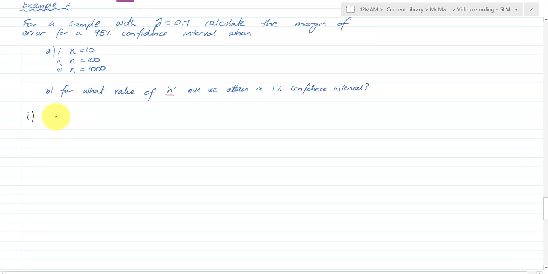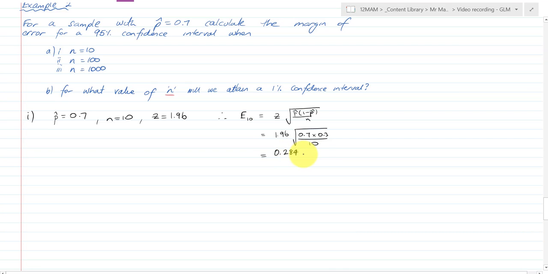So first, we've got p hat equal to 0.7 and n equal to 10, and our z, because it's a 95% confidence interval, is equal to 1.96, and so therefore the error, I'll call it E10 for n equals 10, is equal to z times the square root of p hat times 1 minus p hat over n, and in this case 1.96 times the square root of 0.7 times 0.3 over 10, and that's equal to 0.284.